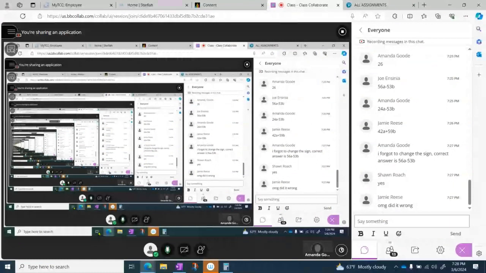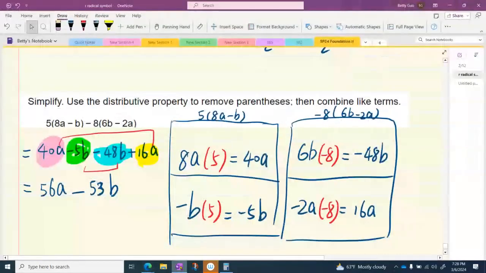56A minus 53B. Amanda has the correct answer. I forgot to change the sign. 56A minus 53B. Yeah, same with mine, Amanda.